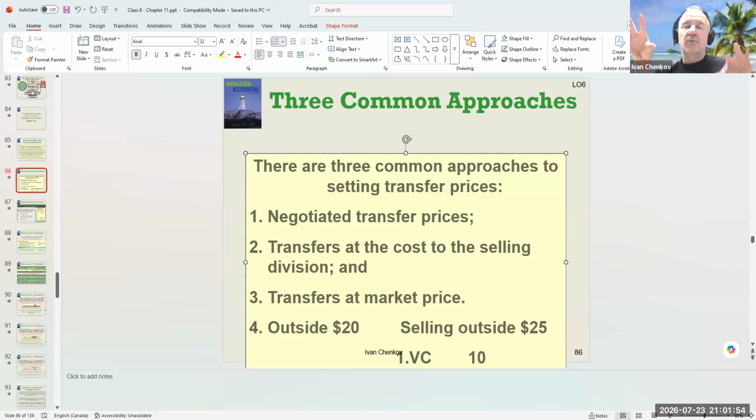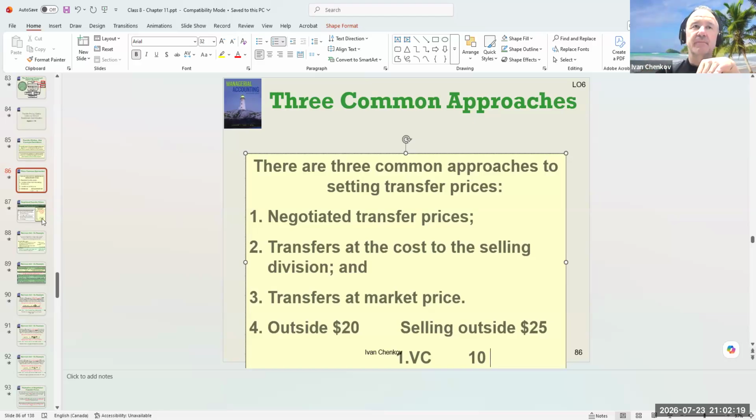Now, since we're within the same company, maybe the selling division will be willing to sell it to me at $10, which is the variable cost. At the $10 price, they're indifferent because they're not gonna lose, but they're not gonna make contribution margin either. So they're not losing contribution margin, they're not making contribution margin.